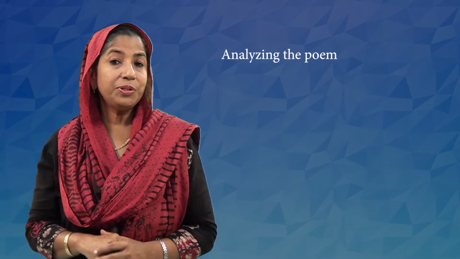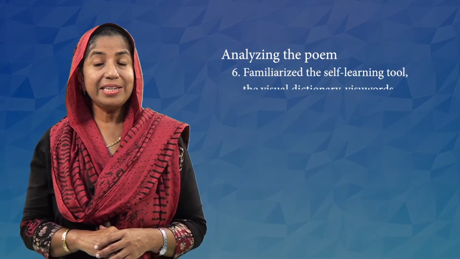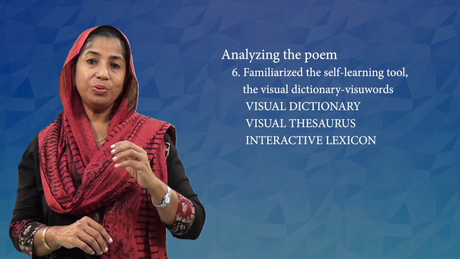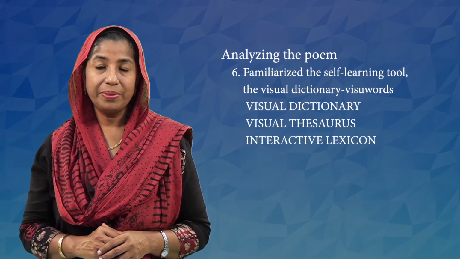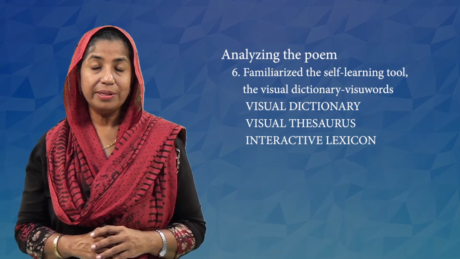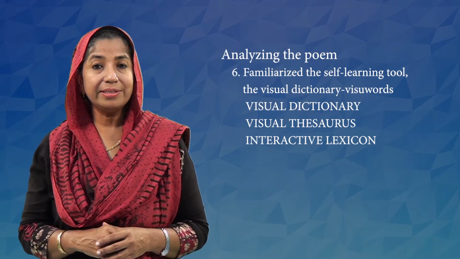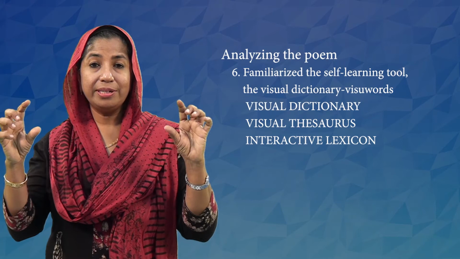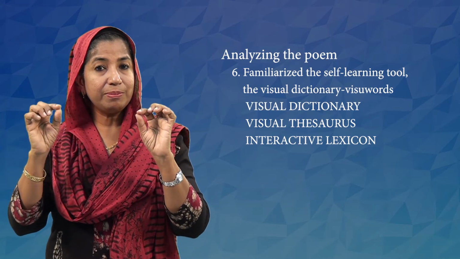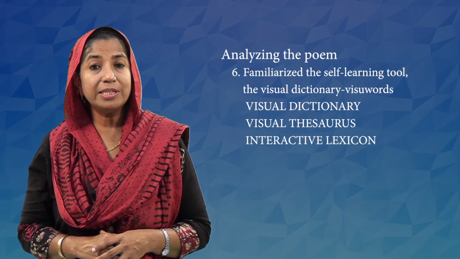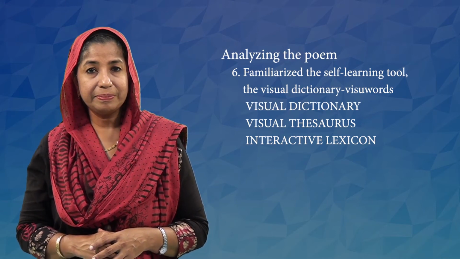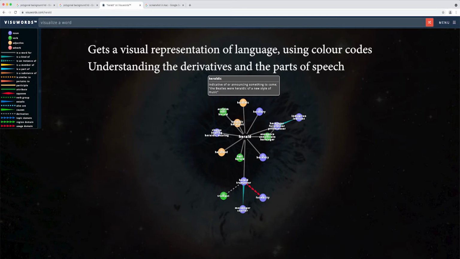One of our major objectives in teaching the lesson was to expose the students to self-learning tools. One self-learning tool we have introduced here is a website which is www.visuwords.com, which is a visual dictionary for students. Why do we call it a visual dictionary?